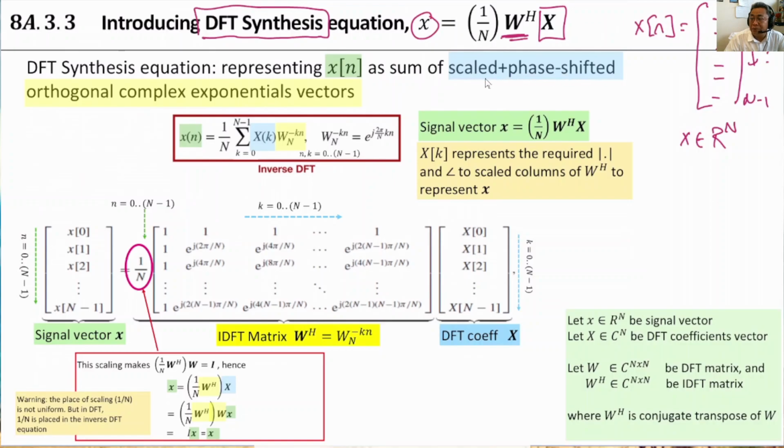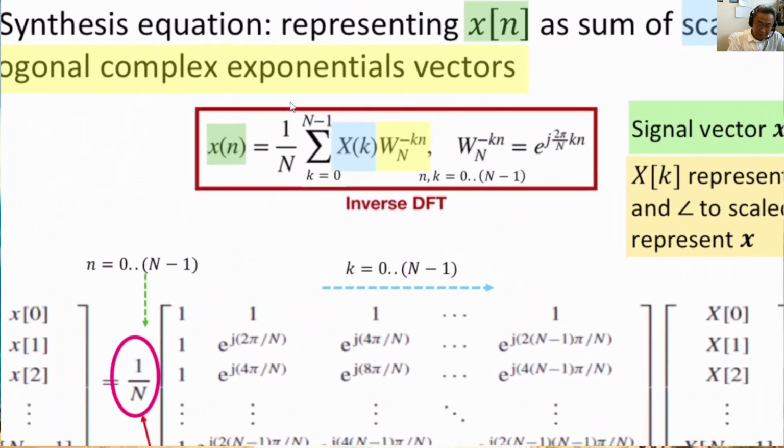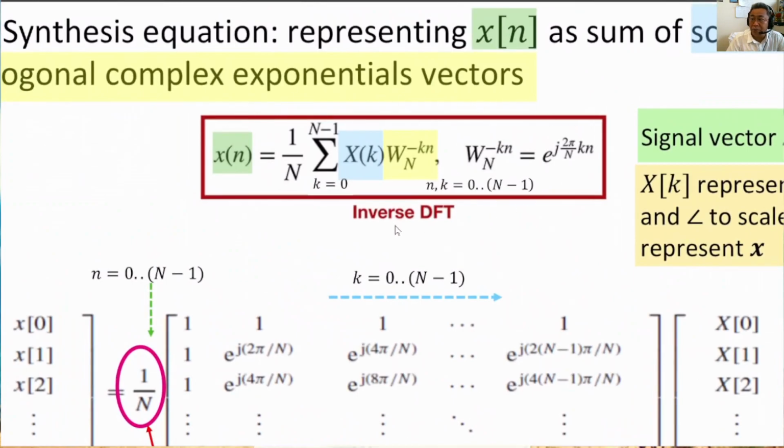The blue represents the DFT coefficients, and the yellow represents the Fourier basis, the orthogonal complex exponential vectors. So this is the typical equation that one will give you in a book. So the green vector, time. The yellow is the Fourier basis. The blue is the DFT coefficients.